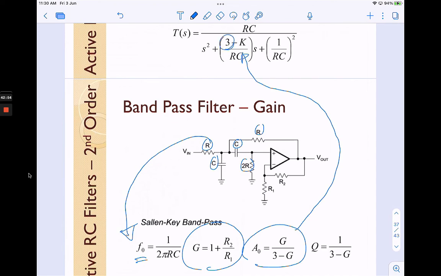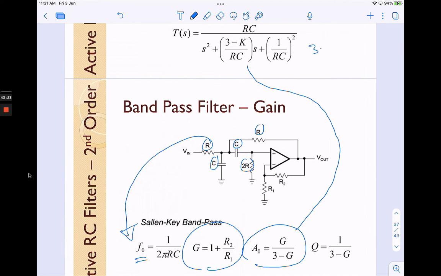There's a term 3 here, so it relates to this portion where we cannot have the gain more than 3. If we have the gain more than 3, it can lead to instability of the system.